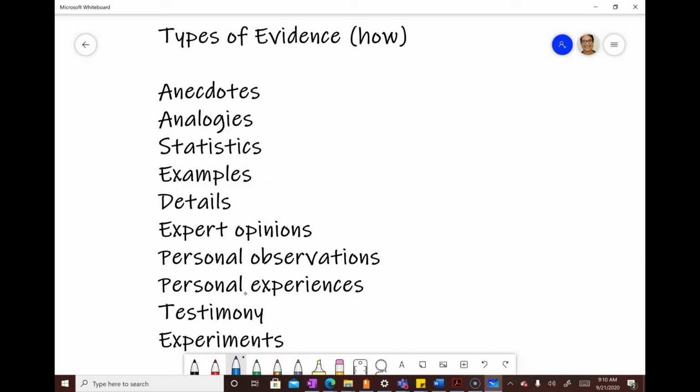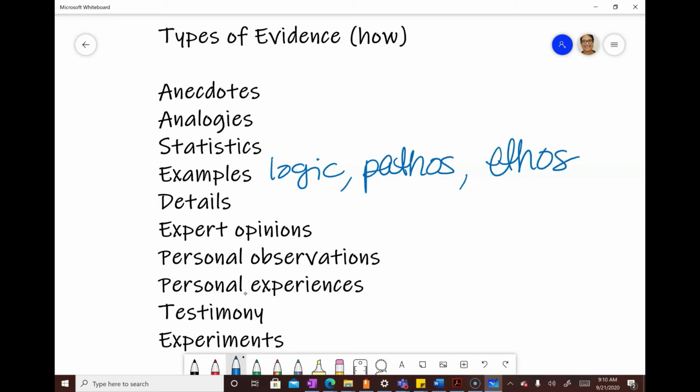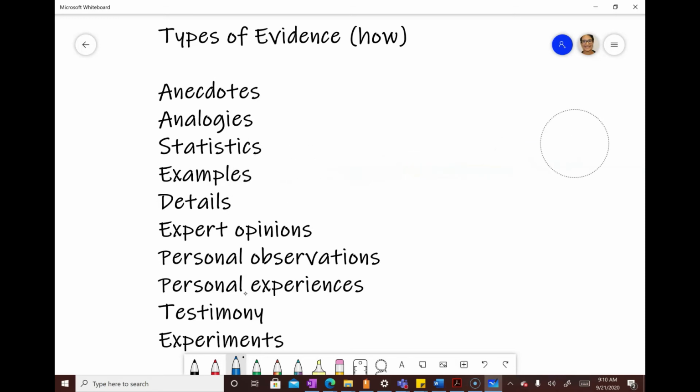Examples are kind of tricky because sometimes they are meant to appeal to logic, but sometimes they also appeal to our emotions, or they can help build ethos, if I go through the examples of what I have achieved in regards to a field of study. Next, we have details.